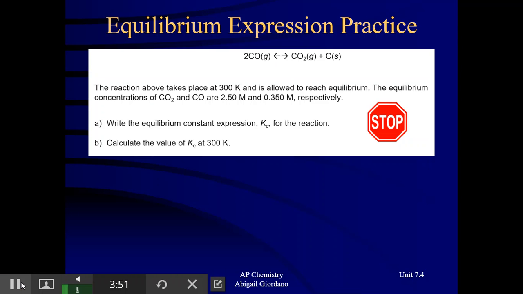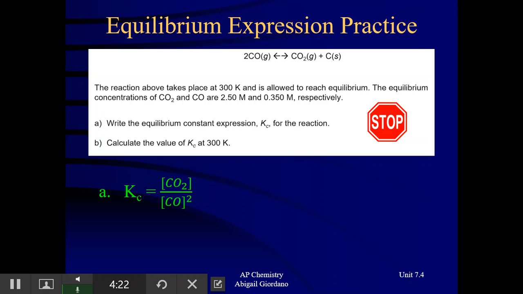All right, let's see how you did. So the equilibrium constant expression looks just like that, okay? Now, remember, guys, let's review. We leave solids and liquids out of a Kc expression, so you'll notice that carbon solid has been left out of that expression. So we include gases and aqueous compounds only in a Kc expression.